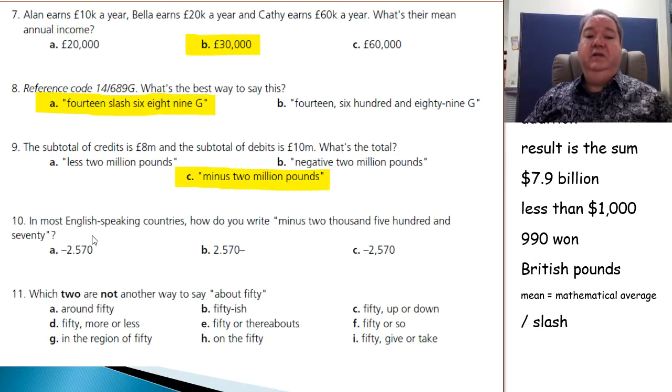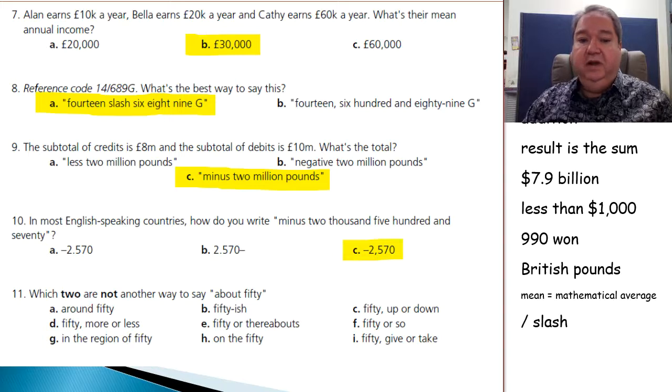Number 10, in most English-speaking countries, how do you write minus 2,570? That would be C, minus 2,570. We use a comma here. In some European countries, instead of a comma, they use a point here. They basically reverse them, where instead of a decimal point, they would use a comma.